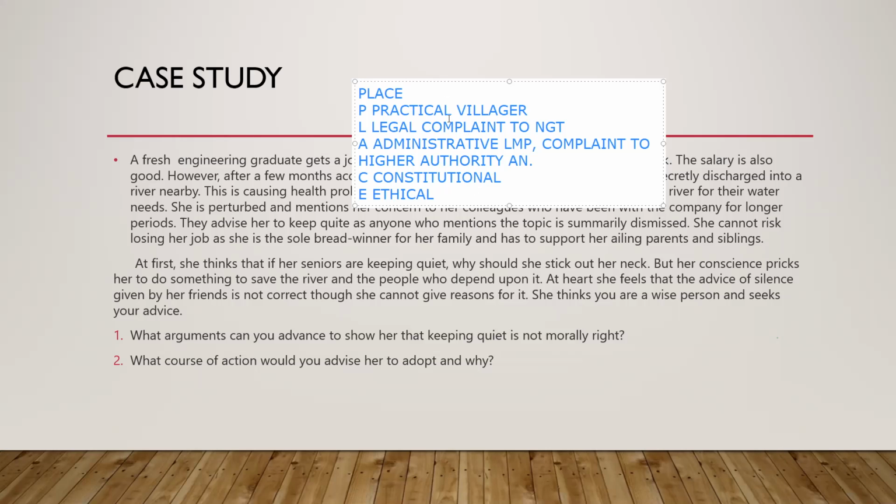Which solution out of four? Number one, villagers. Second, complaint to NGT. Third, like-minded people. Fourth, higher authorities, anonymous complaint. Among these four solutions, which solution would you suggest she use as the course of action?